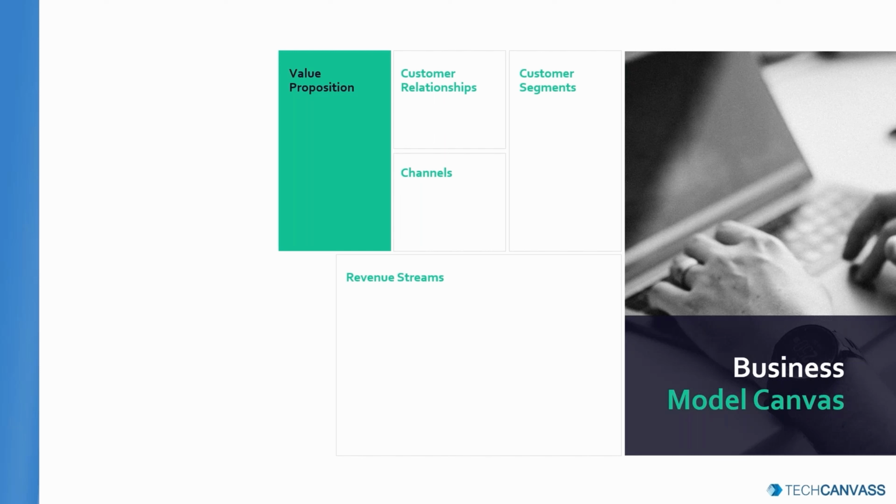Next one is revenue streams. How does the organization make money? It includes not only the price for the products and services, but also how the customers are paying for them. For example, is the revenue based on one-time fees or is it monthly subscription fees? So these are the elements of business model canvas from the customer perspective.